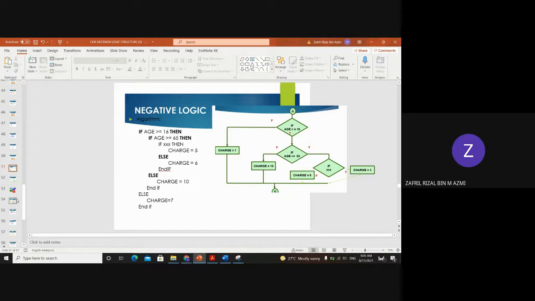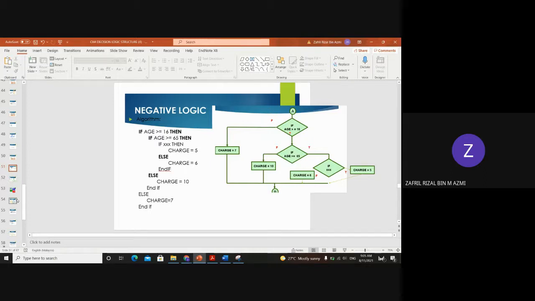Based on question, okay. Sometimes the question specifically asks you to use which kind of logic. Then you need to follow the question lah. If the question specifically mentions you need to use negative logic structure to design your solution, then you need to use negative logic structure. If you use positive, then your answer is going to be wrong. Okay.